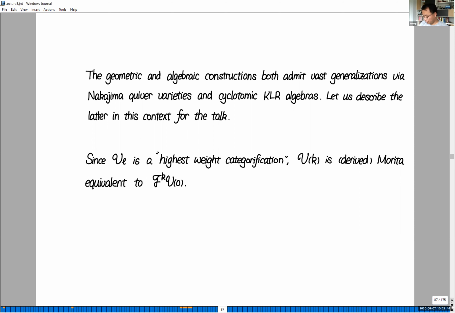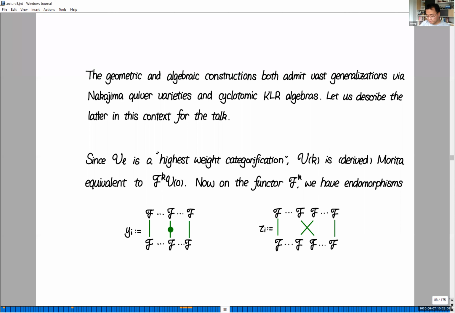If you think about the previous story, it's just sheaves on the point, so it's equivalent to graded vector spaces. All the other categories you have seen earlier can be obtained by iterated lowering operators F to the K applied to this very simple category, vector spaces.